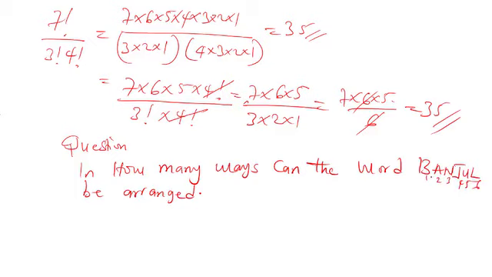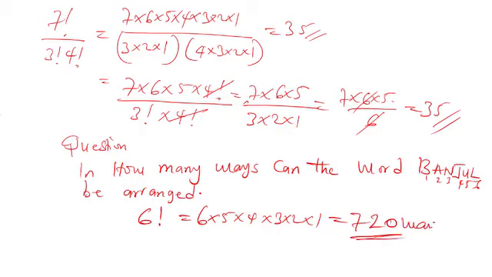So if you want to arrange banjo by putting maybe A first, N first, J, U, scattering it, you have 6 factorial, which is 6 times 5 times 4 times 3 times 2 times 1. 6 times 5 is 30. 30 times 4 is 120. 120 times 3 is 360. 360 times 2 is 720 ways.